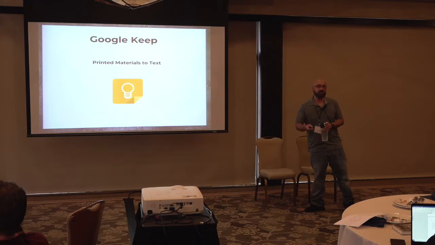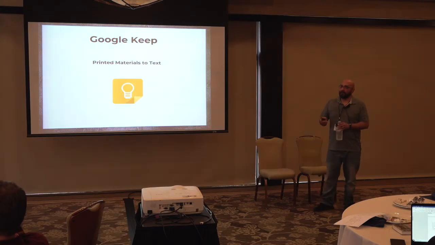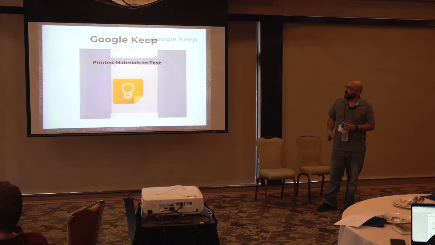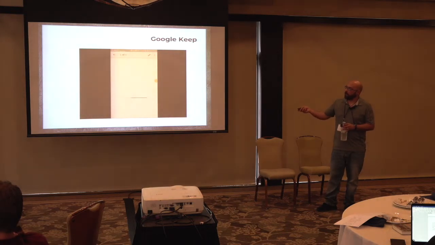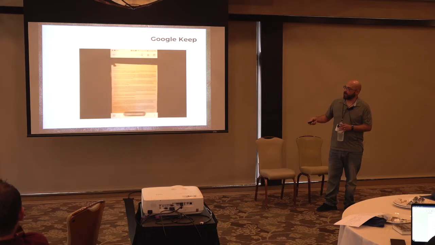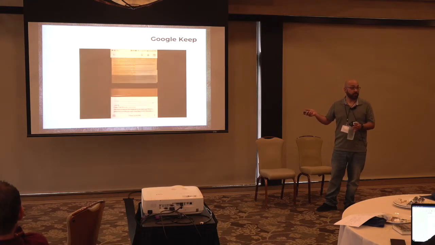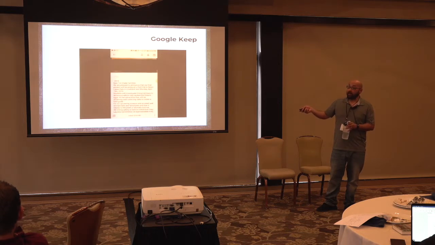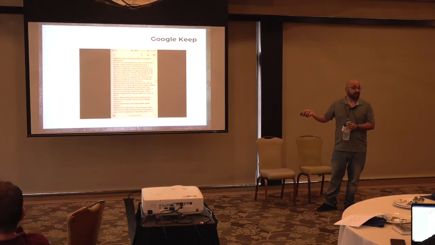Google Keep. This is one I found quite interesting. I was showing Jim this last night, but you can use this. It's Google's sticky note app. And what I found on this, I scanned one of my kids' papers to take home. You can grab the text out of any image that you upload to Google Keep, and it parses all of that data into text.